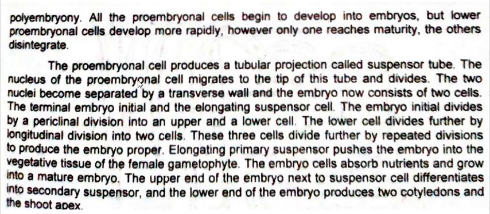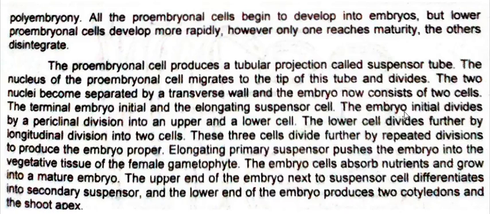The nucleus of the proembryonal cell is shifted to the tip of this tube and divides, and 2 nuclei are produced which are separated by a transverse wall from each other, and the embryo now consists of 2 cells: number 1, the terminal embryo initial cell, and the elongating suspensor cell.